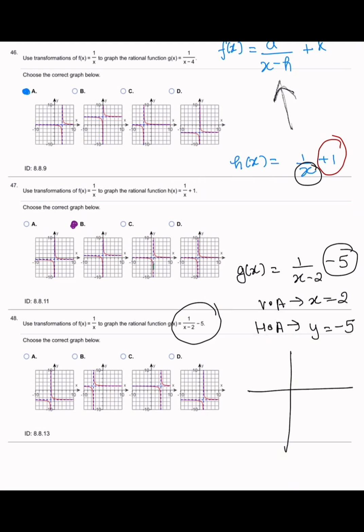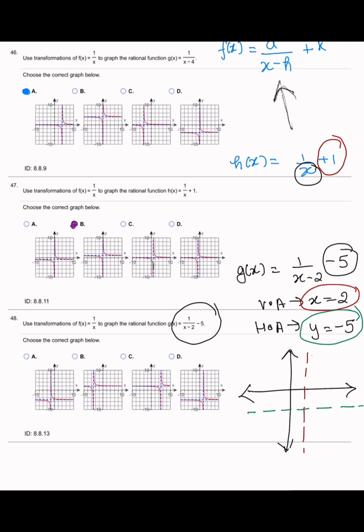So let's draw the asymptotes first. At x equals 2, we will go ahead and draw a vertical line. We can use a dashed vertical line. And then at y equals negative 5, you can go ahead and draw a horizontal line. And now you know how the parent function of 1 over x looks.